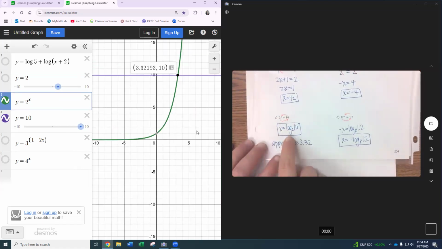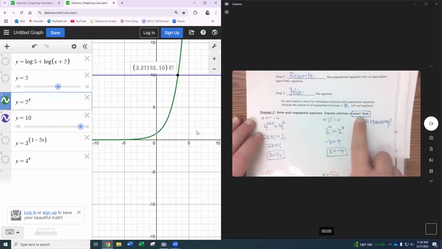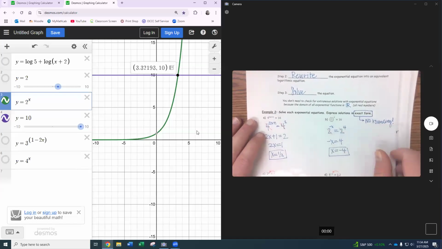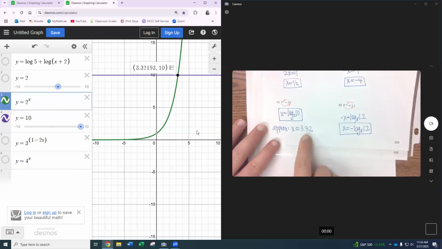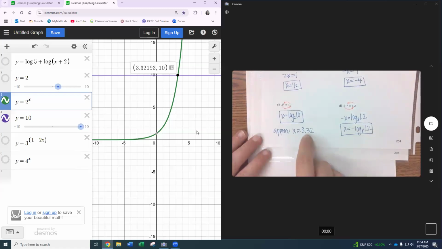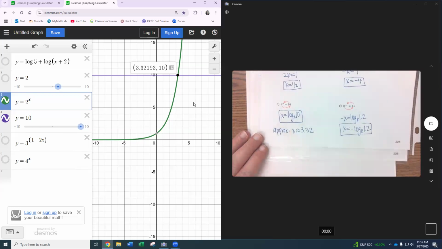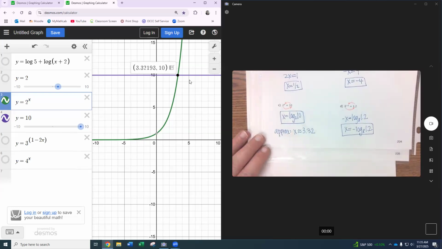It does not give me log base 2 of 10, which is what I want, right? I want the exact form, which means no rounding. It does give me this 3.32. So with this one, all I could really do was use graphing to verify that this is the right answer, but I cannot get log base 2 of 10 in DESMOS.